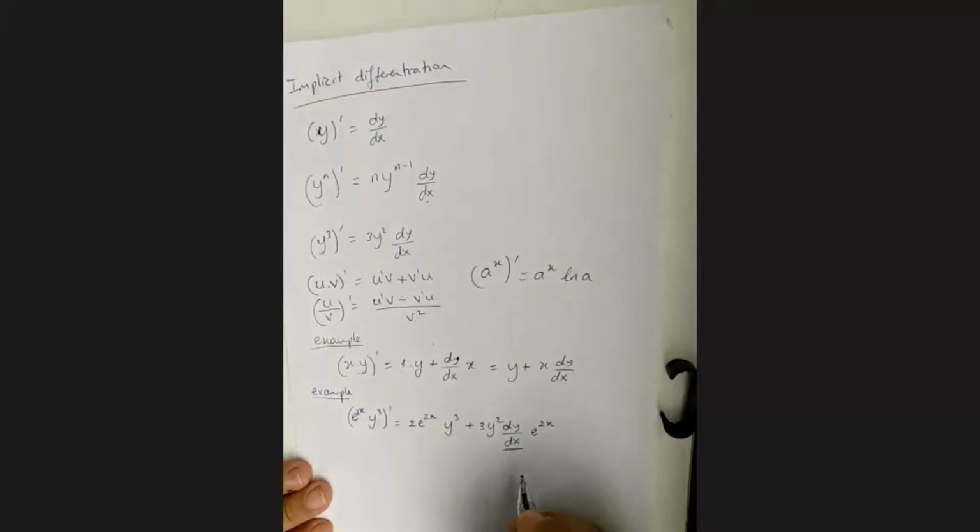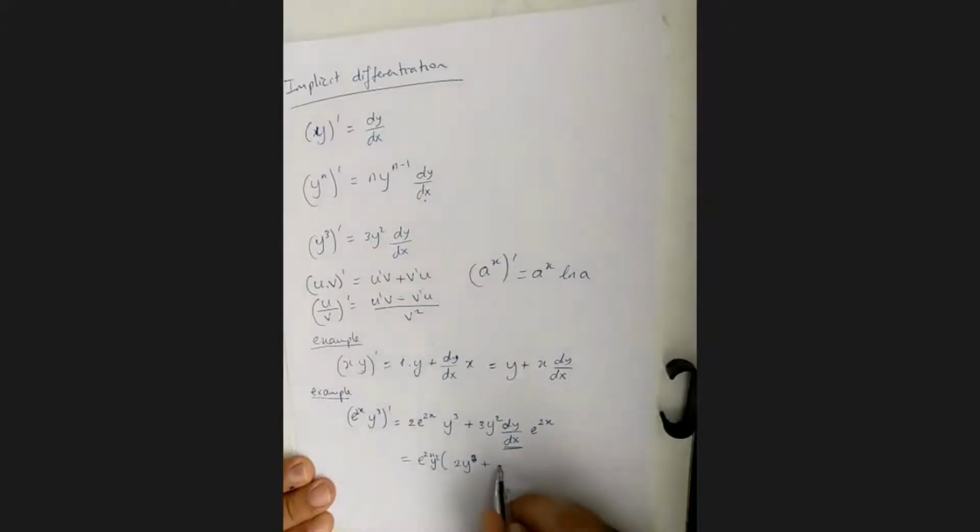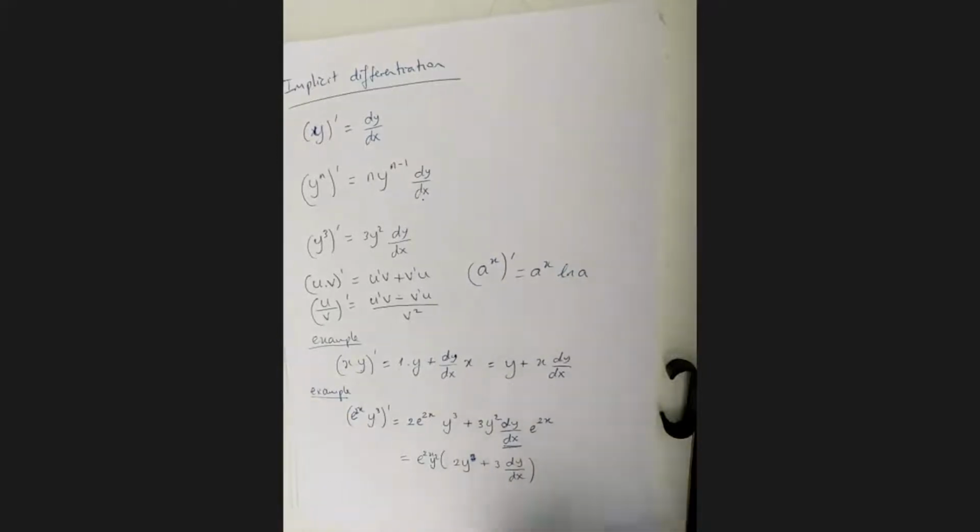If you take the derivative of anything with y, you have to put dy over dx there. Now, e to the power of 2x is common. In the brackets, we are going to have 2y cubed plus 3y squared dy over dx, the derivative of that expression, where y squared is also common: y squared times 2y plus 3 dy over dx.